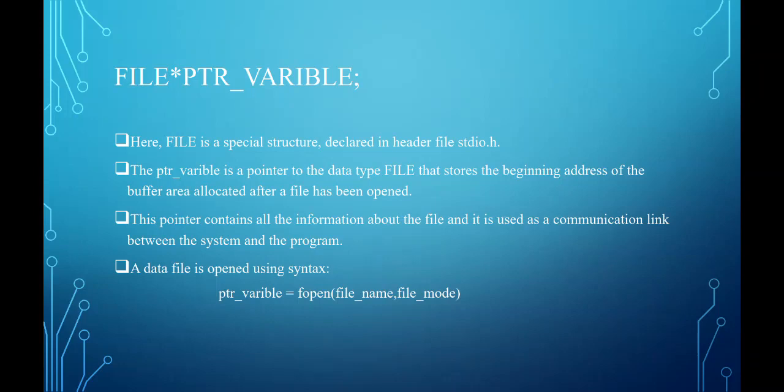If you want to open the file, the syntax used is ptr variable equal to fopen, open braces, file name comma file mode. This is the syntax to open the file.